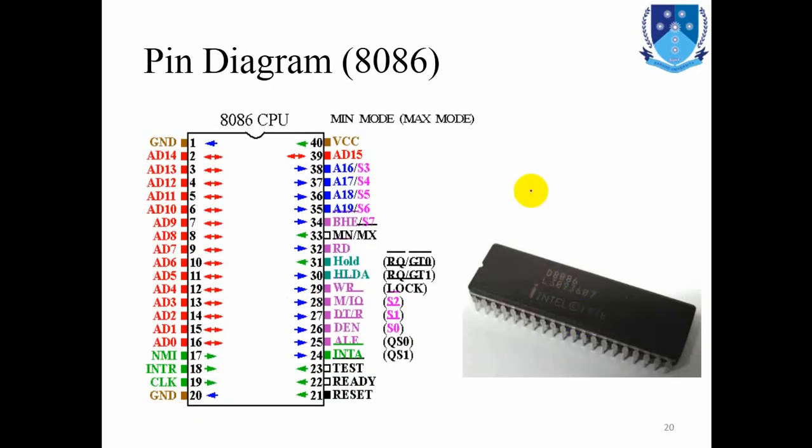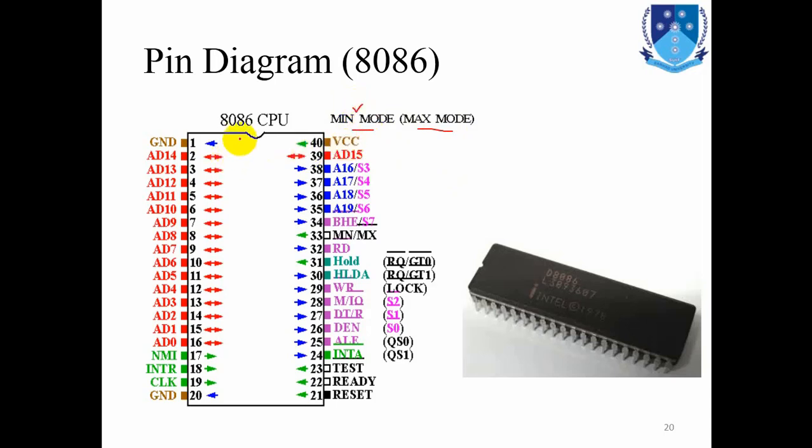The pin diagram of the 8086 microprocessor is shown over here. You know that the 8086 microprocessor can be used in two different modes, the minimum mode and the maximum mode. When we are using external devices like the DMA with the microprocessor, or any coprocessor with the general 8086 microprocessor, then we are using our processor in the maximum mode.